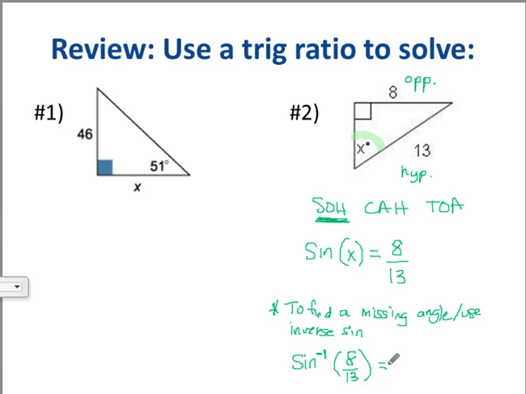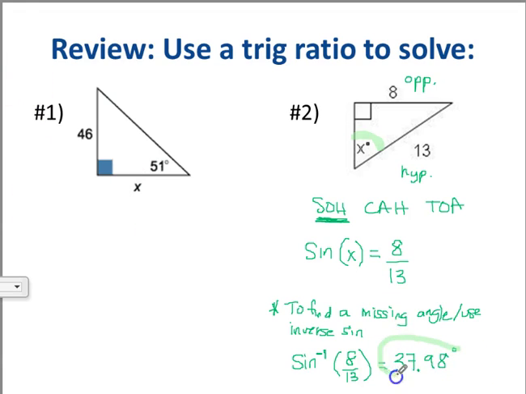Go ahead on your calculator. You're going to have to hit that second key if you're using a TI, a Texas Instruments calculator. Hit the second key and then sine, and that's going to give you the inverse sine, and then type in 8 divided by 13. When I did that, I got 37.98 to 2 decimal places, and that's my final answer, degrees.